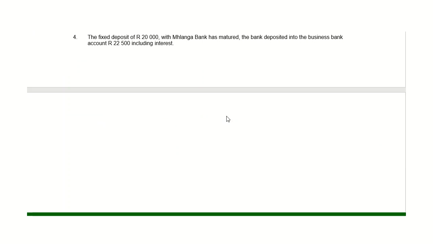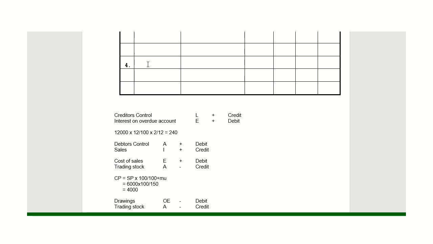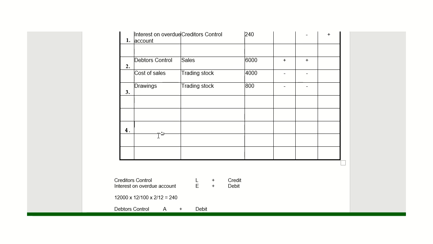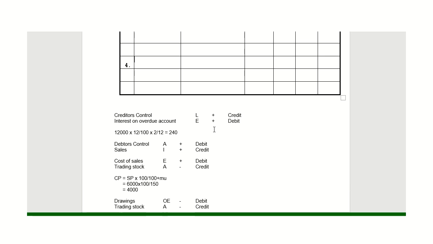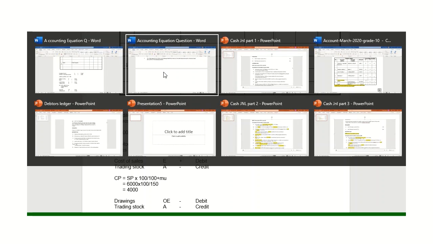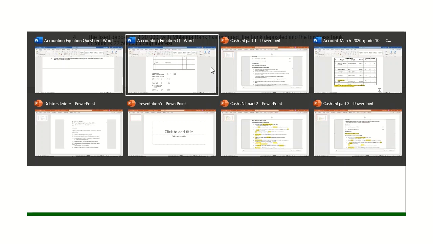There it is. So the first one is between bank. I said bank debit, fixed deposit credit. So bank debit, fixed deposit, and remember we must put in the bank name. Let's see what the bank name was. Umhlanga Bank. Fixed deposit, Umhlanga Bank.